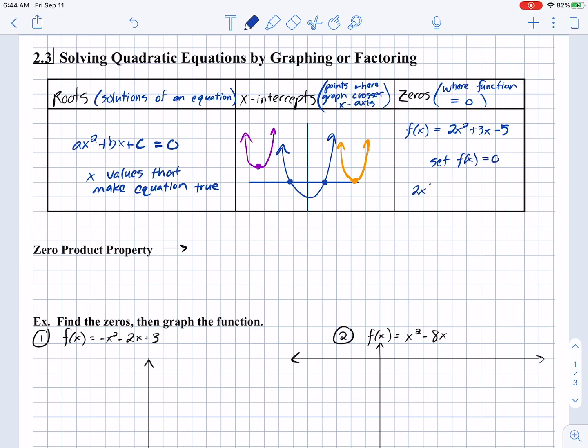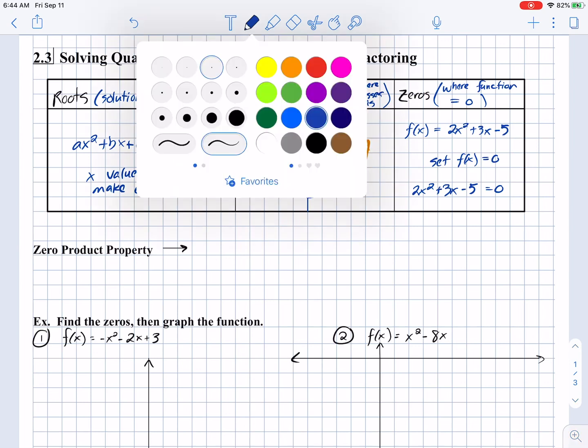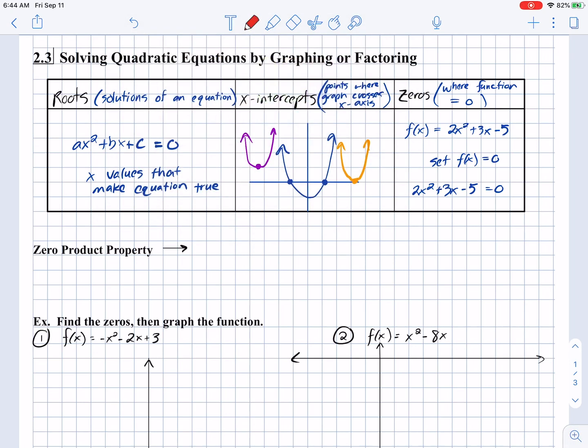So 2x squared plus 3x minus 5, and then just like the roots, you would solve this equation. You first try by factoring, and those would be the zeros of a function.